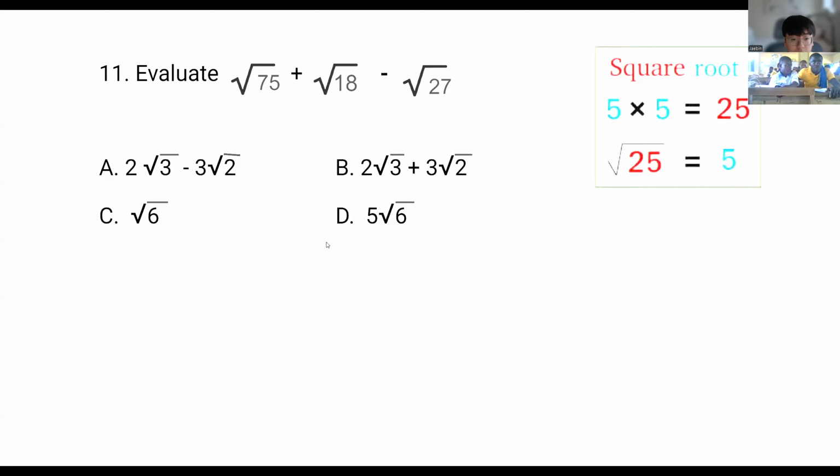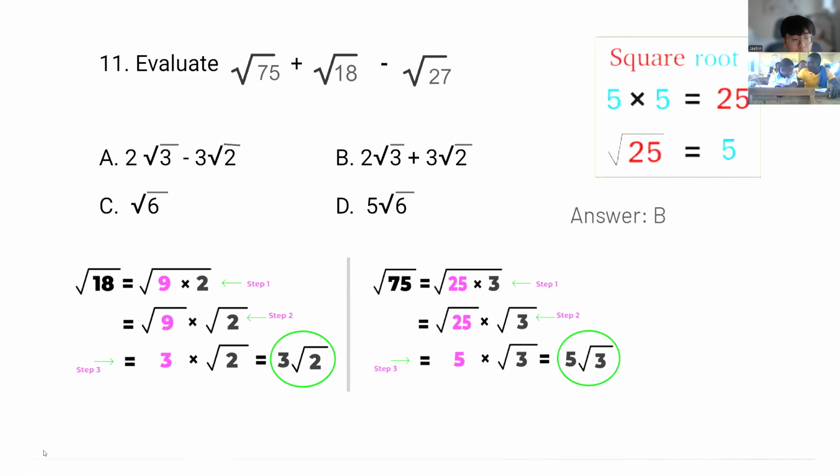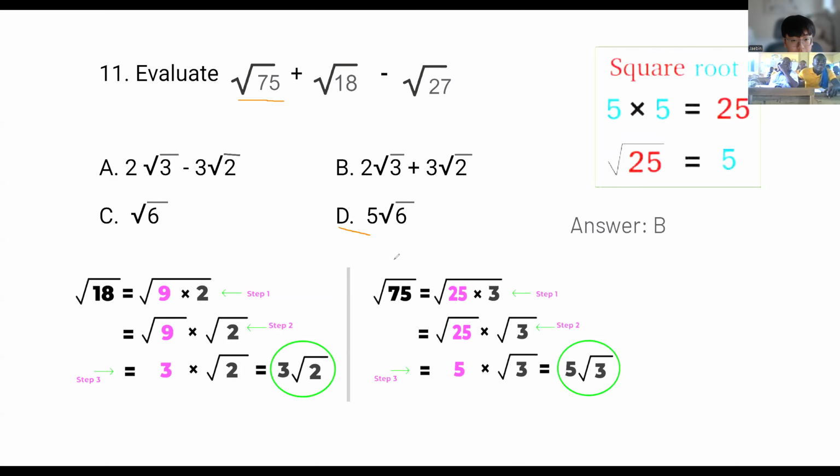So we know that the square root of 75 we can change to the square root of 25 times 3. And we know the square root of 25 is 5. So it becomes 5 times square root of 3.